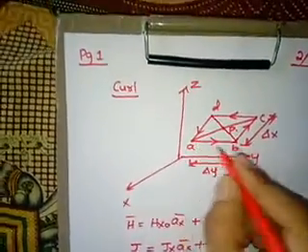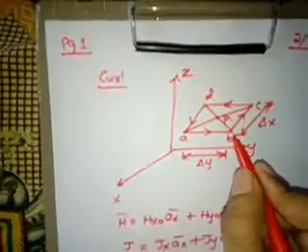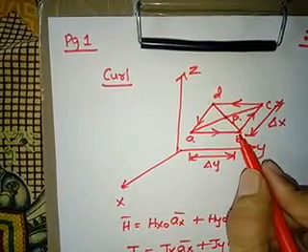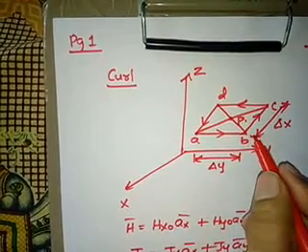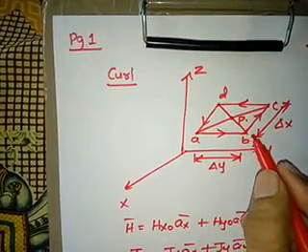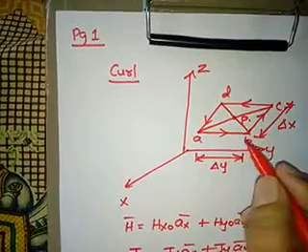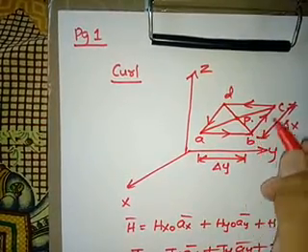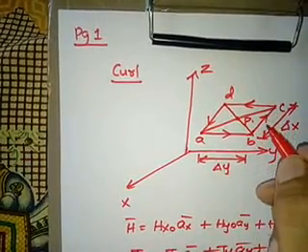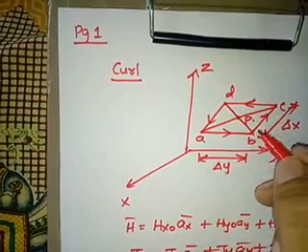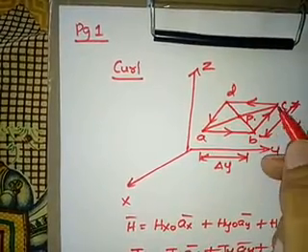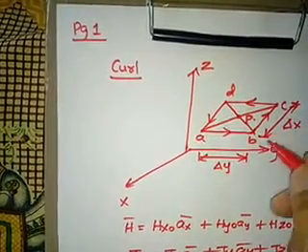Because now we are moving from A to B, it is taking a closed path, so it is swirling here, it is curling here. So we have to take the rate of change of Hy with respect to x, because this is x now.